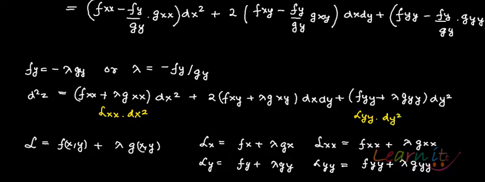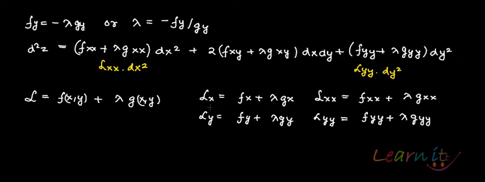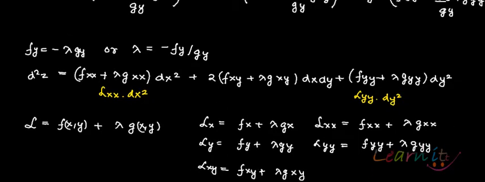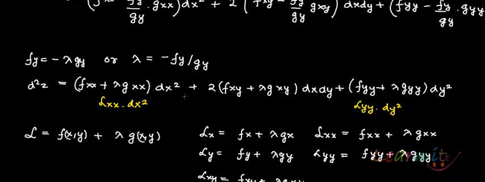And then you have calculated Lx, so you can calculate Lxy, which is fxy plus lambda gxy. I'm so sorry, this is not x comma gxy, this is gxy. That is nothing but this middle term, so which you have plus 2 Lxy dx dy. This is what you will have.